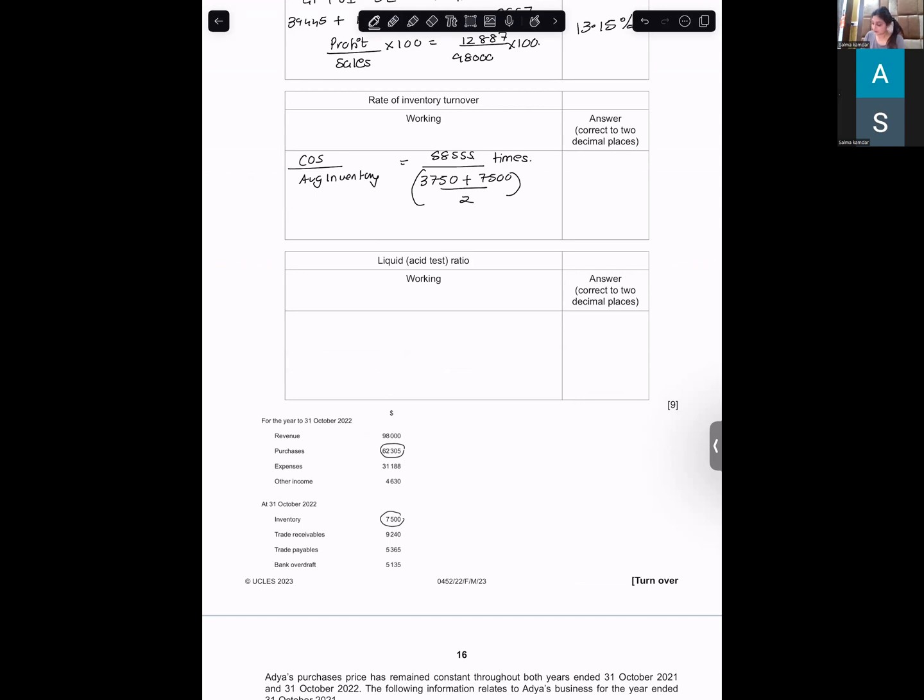So this will become 5,625. So your inventory turnover ratio is 10.409, so it will be 10.41 times.